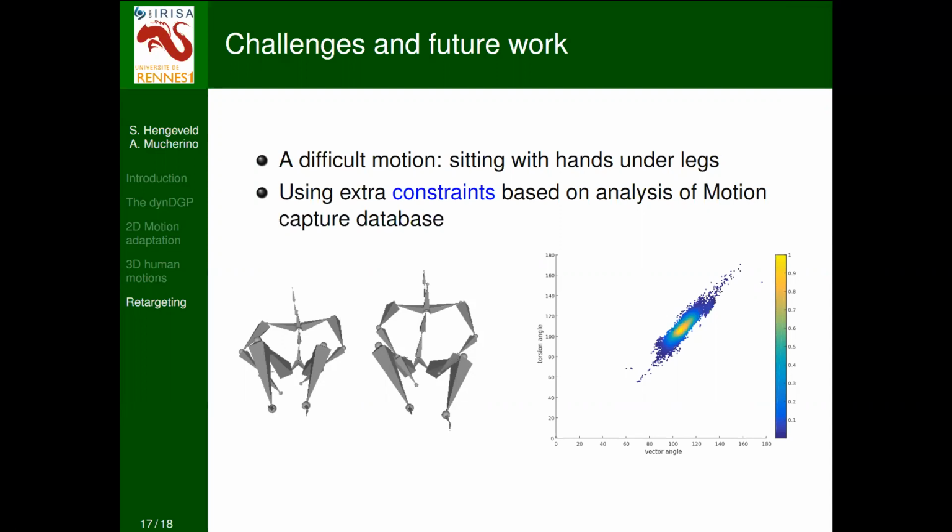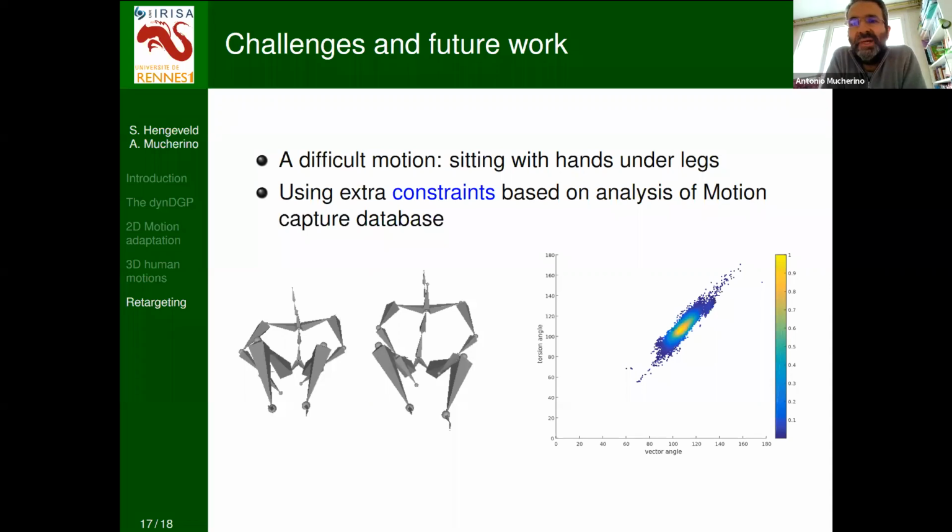This you can derive immediately. But by analyzing the database, we can find more. Simon started to find what you see on the screen now. It's one example. He started to find some nice relationships between the angles that can be used for representing the movements. If we use them to filter off all the postures that are not natural, hopefully we can converge faster and more efficiently to the right postures.